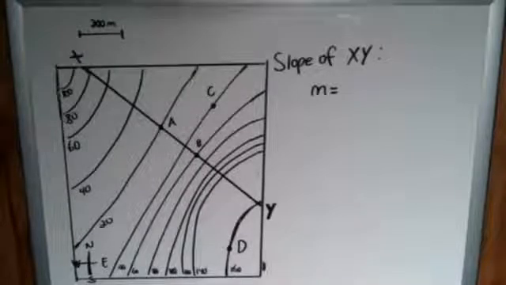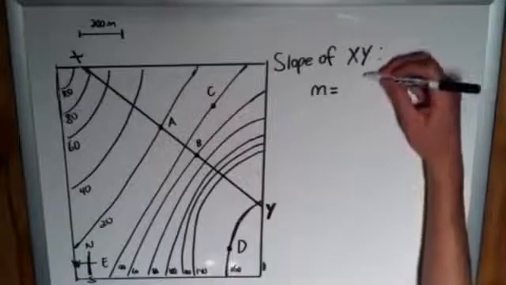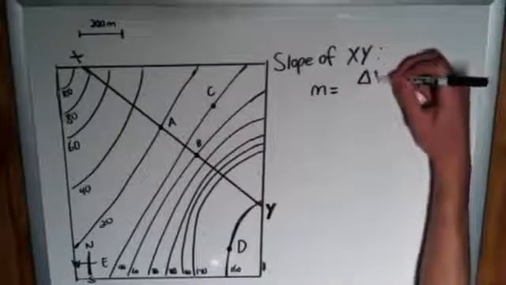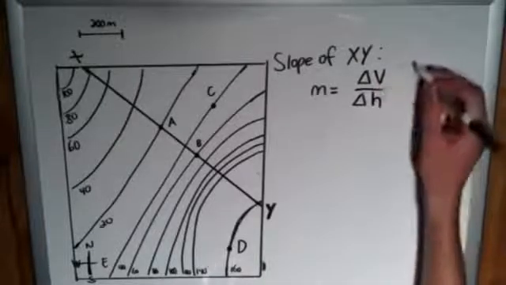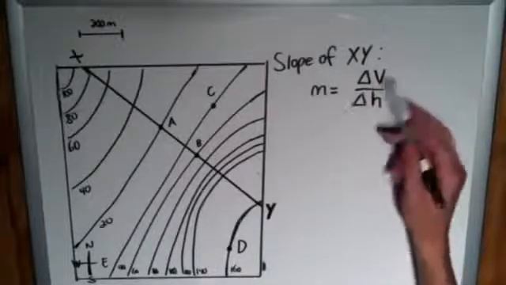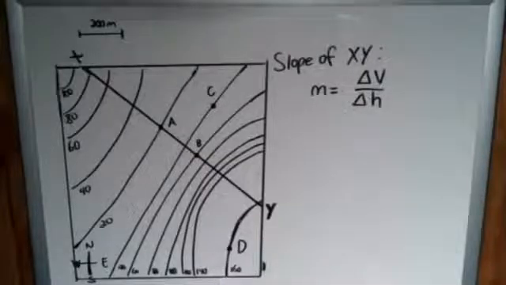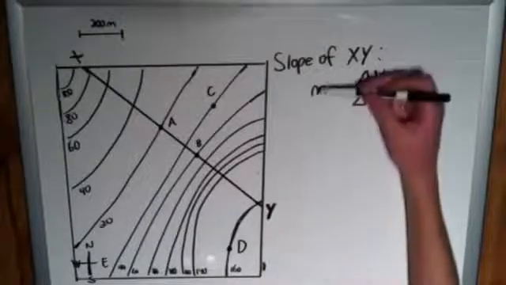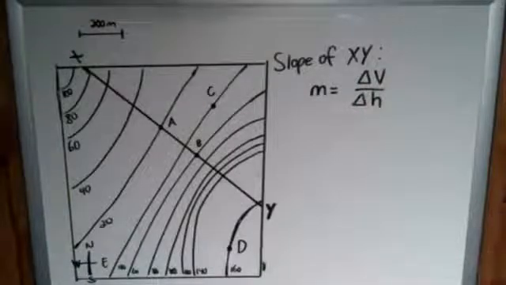But instead of y over x, I think it's better to think of it as delta v over delta h, which is to say your vertical displacement, or your change in vertical position, divided by your change in horizontal position. Don't mistake delta v for a change in velocity. I can assure you kinematics has nothing to do with this.